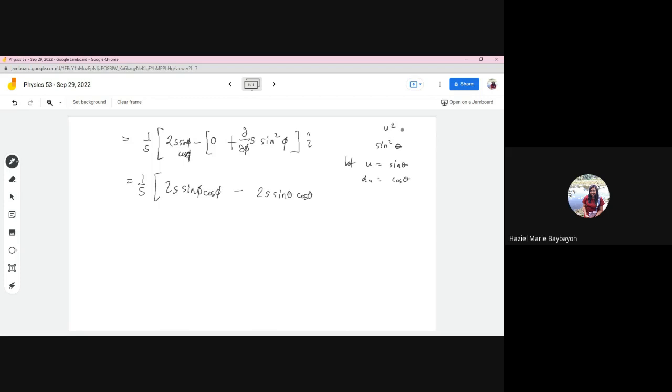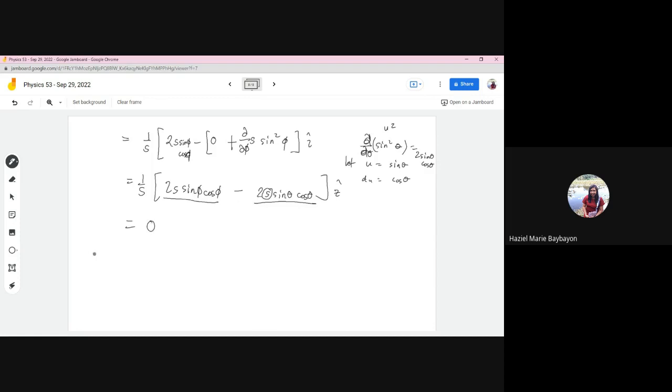Basta, ang answer ani class is, derivative of sine squared theta with respect to theta is equal to 2 sine theta cosine theta. Okay. Since naa may S diri, so naa kay S factor here. Okay? So this is your z hat component, but okay, so this one is just the same as this. So we will also get 0.